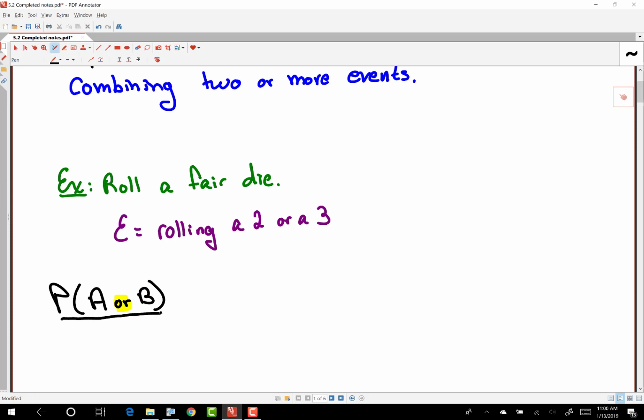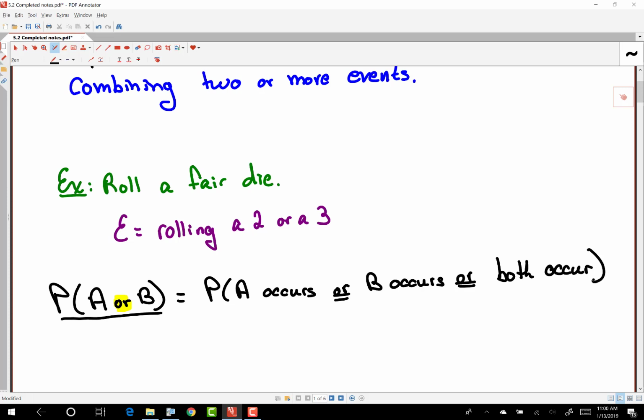But what this means when they ask you to define the probability of A or B, it just is the probability that A occurs or B occurs, or they both occur. That's what A or B means.